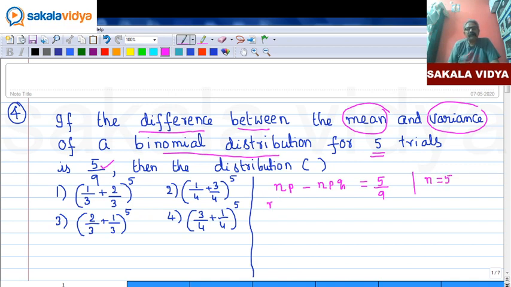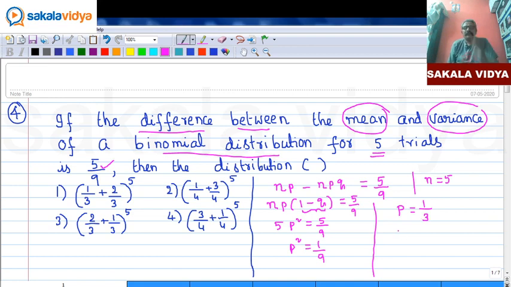Taking np common, we have 1 minus q equal to 5 by 9. Substituting n as 5, 1 minus q is nothing but p. So we have 5 p square is equal to 5 by 9. So p square is equal to 1 by 9. Now p equals the positive square root only, because probability is always positive. p is equal to 1 by 3. q is, simple logic, 3 minus 1 is 2 by 3.